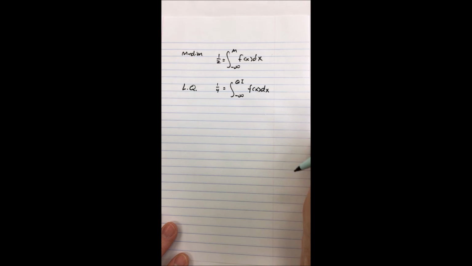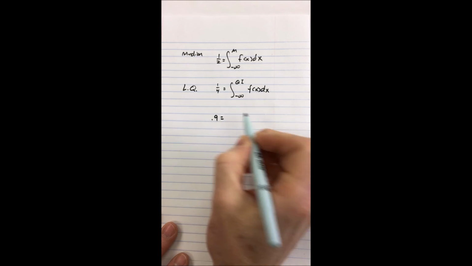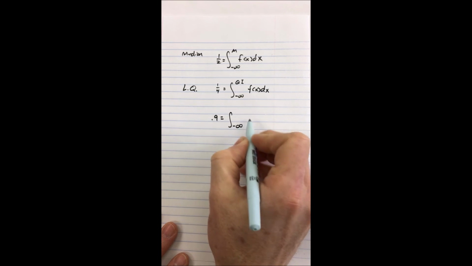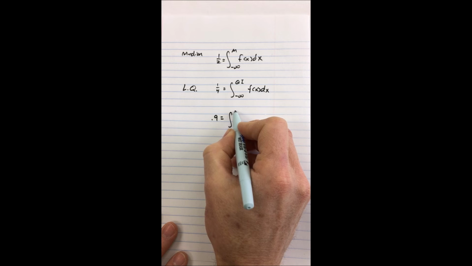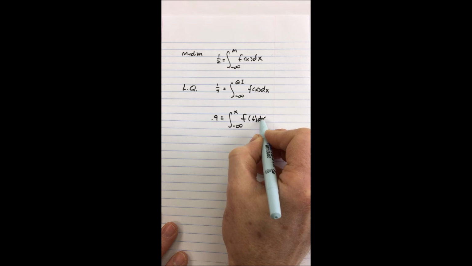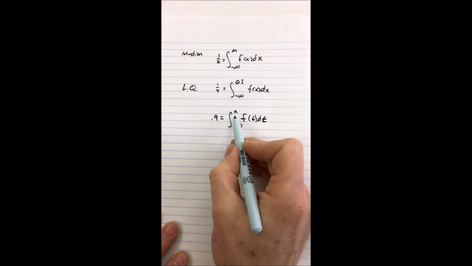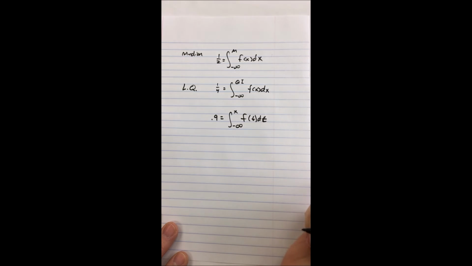What if they wanted to find the 90th percentile? The 90th percentile is greater than 90% of the data. So I could use a dummy variable here, it doesn't matter. I could solve this now, and solving that for x would give me the value for the 90th percentile.